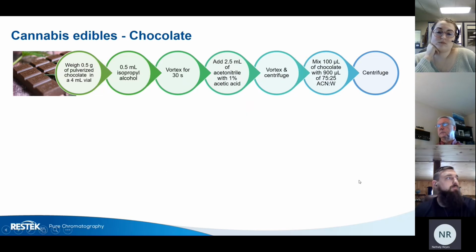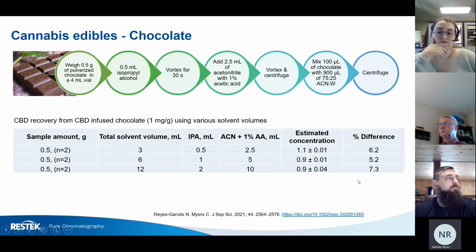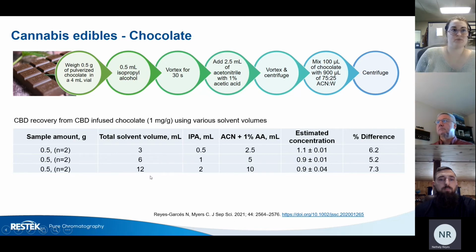Then we verified that our workflow was effective because, as you can notice, we only use 3 milliliters of solvent. We compared the results obtained using 3, 6, and 12 milliliters of solvent, the same proportion of isopropyl alcohol to ACN, just different volumes.